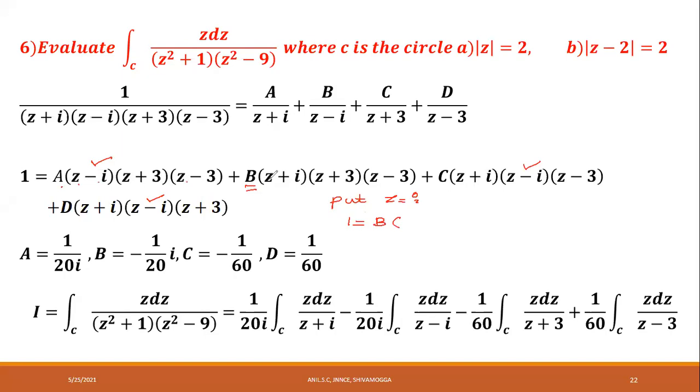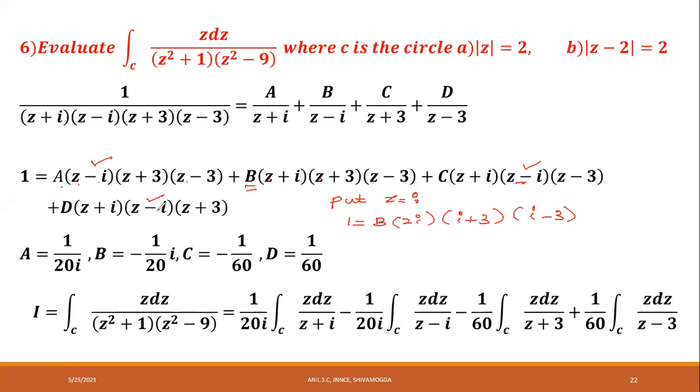And here b into i plus i is 2i, into z is equal to i, therefore i plus 3. And here i minus 3. And i minus i is 0 here.